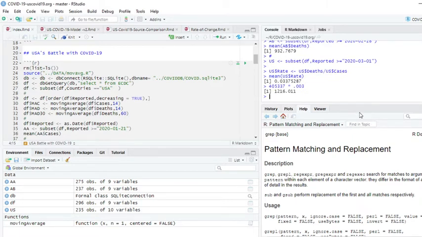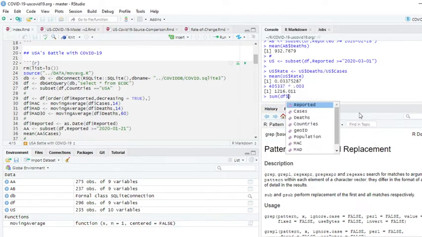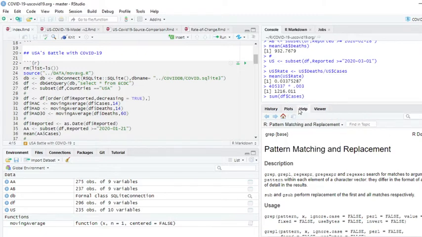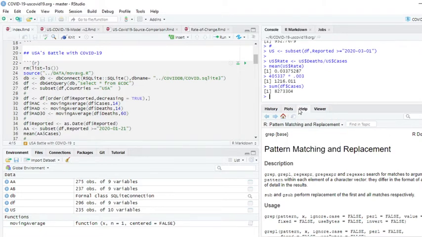That's obviously not right, is it? Cases, 8 million. Okay, we should have 273,000 deaths instead of 219,000.